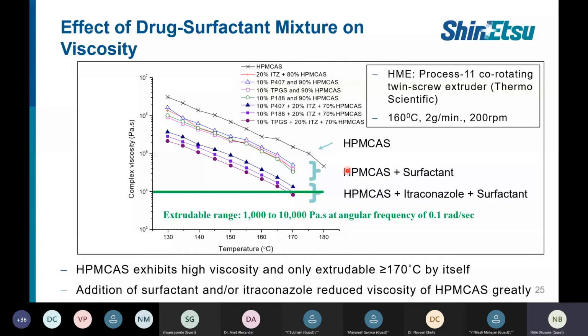Even at 150 degrees Celsius, you can get a viscosity of around 10 raised to the power 5, in pascal seconds basically. But your desired viscosity was around 10,000 pascal seconds, which you could achieve if they were targeting a mixture of HPMC AS with itraconazole along with some surfactant.